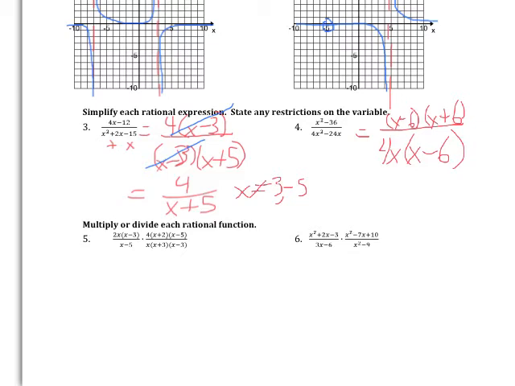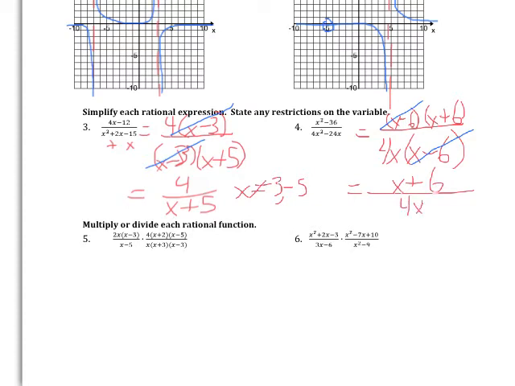Alright, and now I can cancel some things out. I have an x minus 6 on top, an x minus 6 on bottom, and that allows me now to write my final answer as there's an x plus 6 on top, and there's a 4x on bottom.